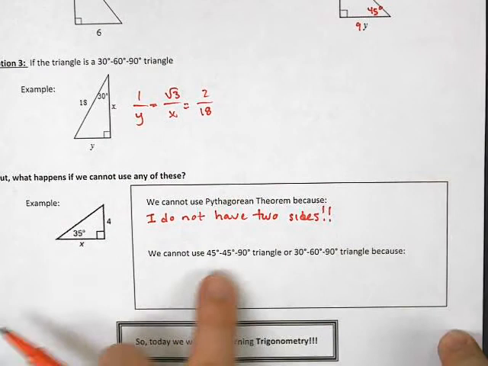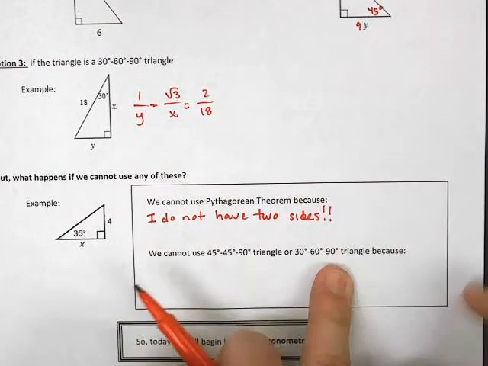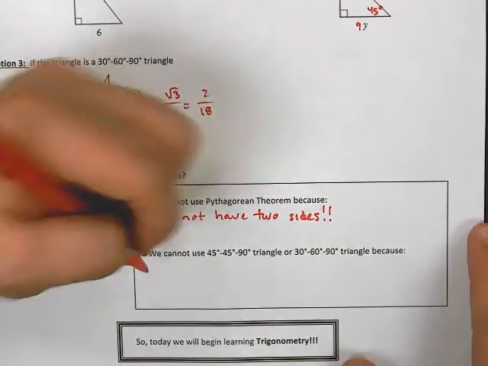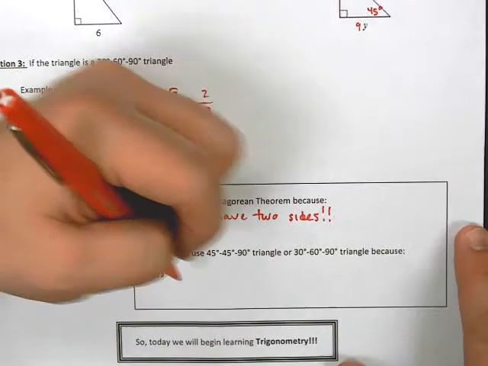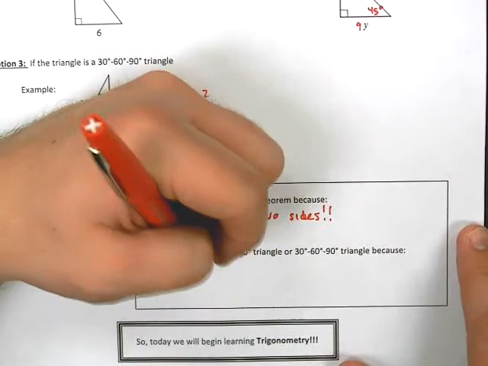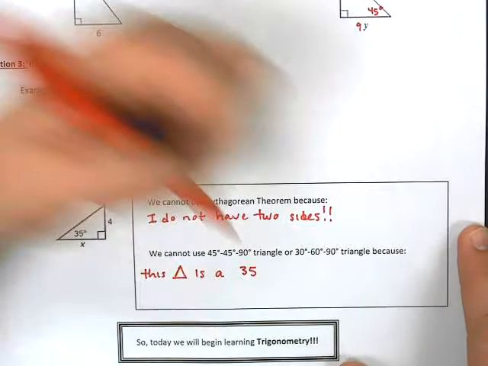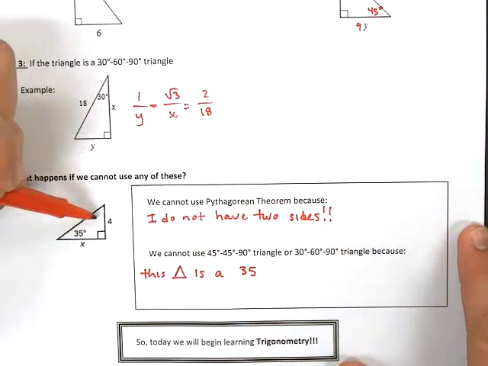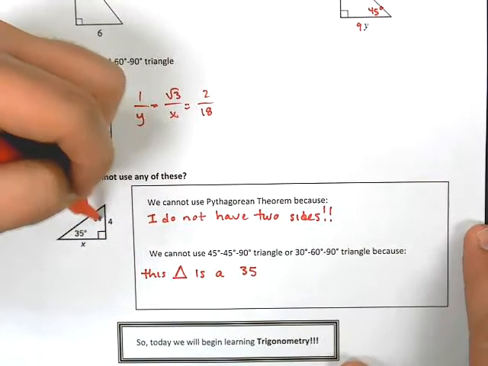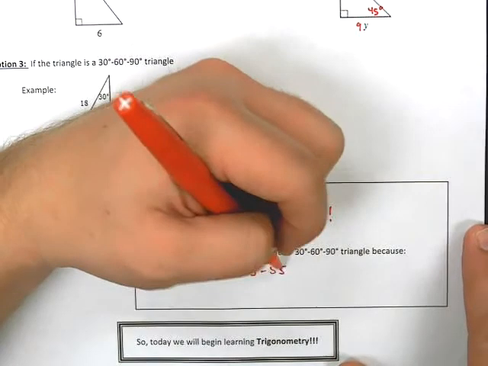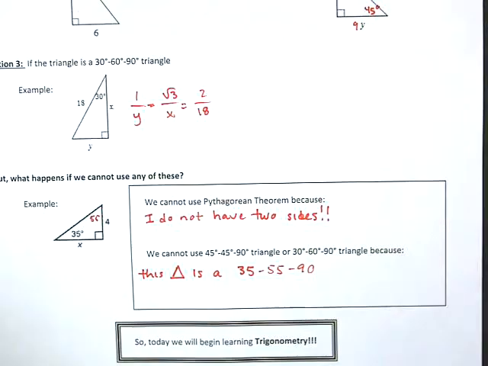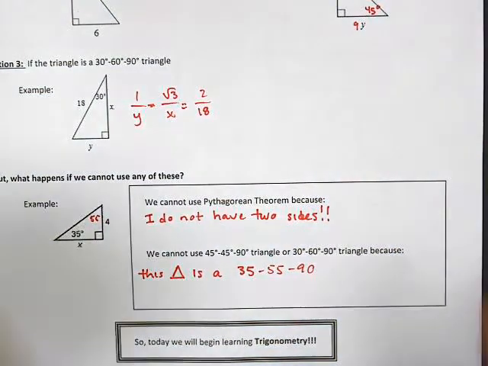We cannot use 45, 90s or 30, 60, 90s. Why? Because this triangle is a, well, let's see, it'd be a 35. If this is 35, then I think this would have to be, yep, 55. Because this triangle is a 35, 55, 90.